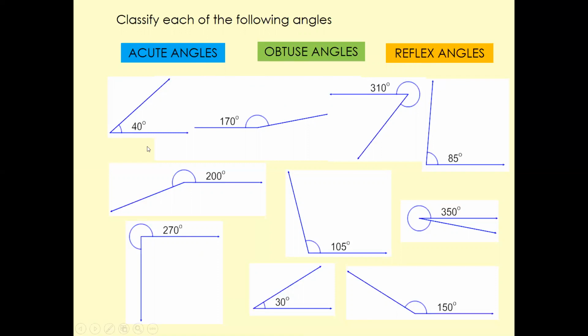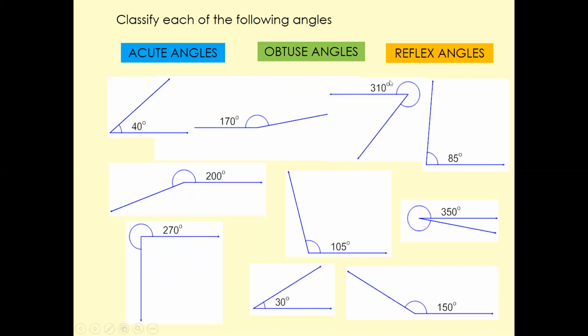Let's discuss the answers. This angle is less than 90 degrees, so that is going to be an acute angle. This angle is greater than 90 degrees, but less than 180. Remember, 180 is a straight line. So this angle is going to be an obtuse angle.